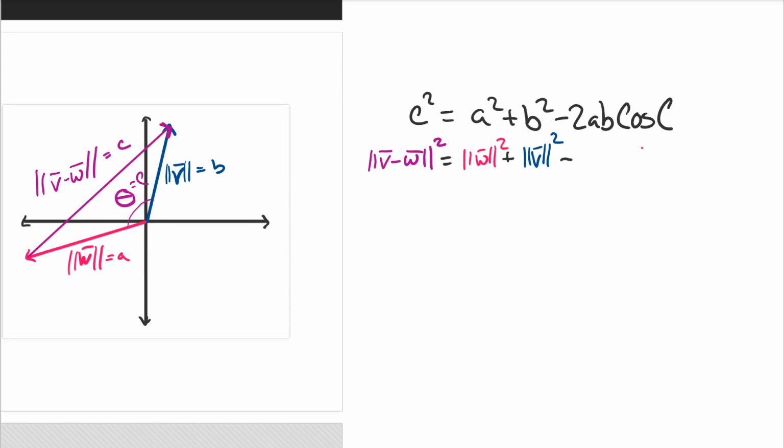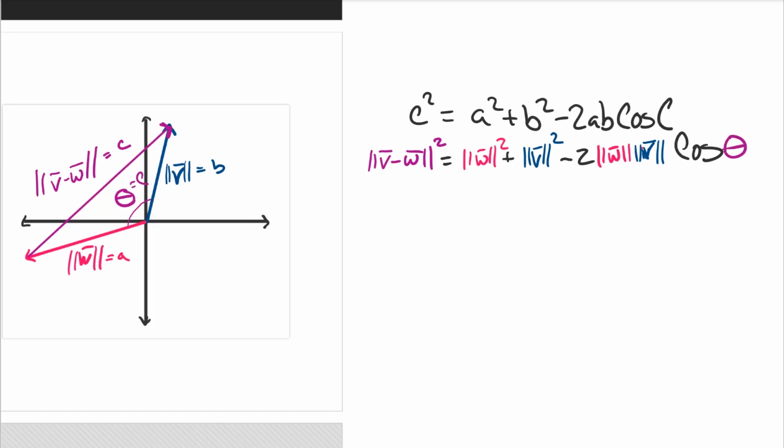And then we have minus 2 times, we've got to multiply the magnitudes together, A times B, this is vector V, my bad, times cosine of what we're looking for, theta.